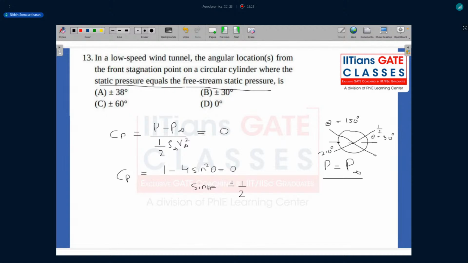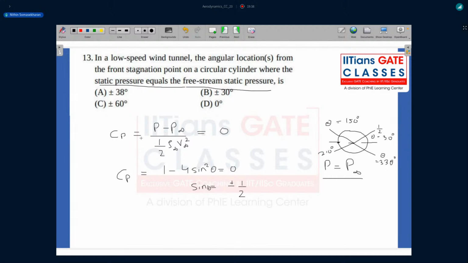And at 330 degrees, your sine theta is again negative half. All right. So at 30 and 150 it is positive half, and at 210 and 330, it is negative half.